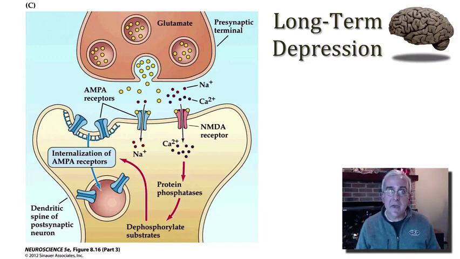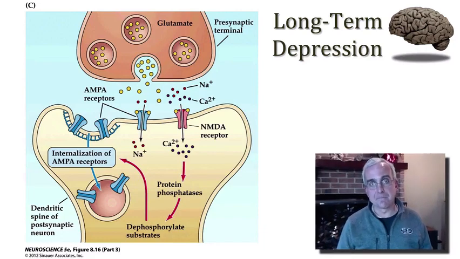The key difference is the level of postsynaptic calcium and the rate of rise of postsynaptic calcium. When calcium rushes into that postsynaptic membrane, then one might anticipate the activation of kinases and the insertion of new AMPA receptors, leading to the potentiation of that synapse. But if the rise of calcium is slow and to a much lesser level, then we expect the activation of protein phosphatases and the internalization of AMPA receptors, thereby depressing the strength of that synaptic connection.